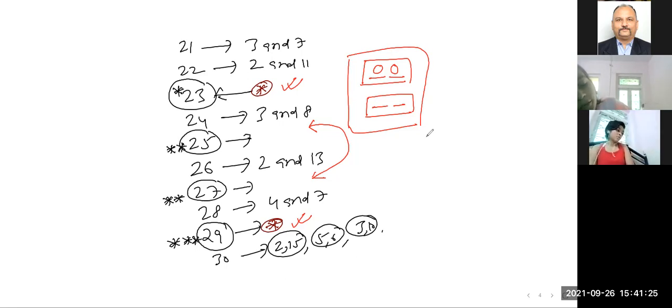Clear? Suppose, for example, the number is 700. Its last 2 digits are double zero, so this number is divisible by 25. Similarly, suppose the number is 725.